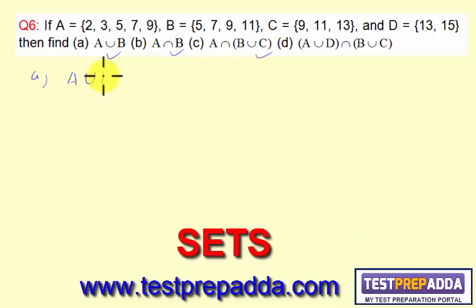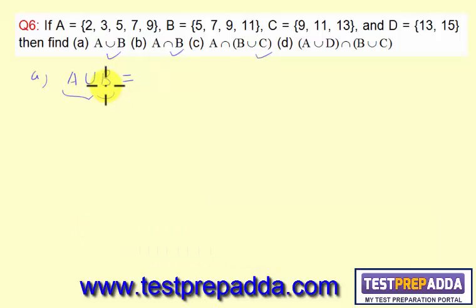I'll try to find A union B. This set will contain all those elements which are either in A or in B. The elements should not be repeated here. Now I'll select 2, 3, 5, 7, 9, 11. So these are the elements which are either in A or in B. So this is A union B.